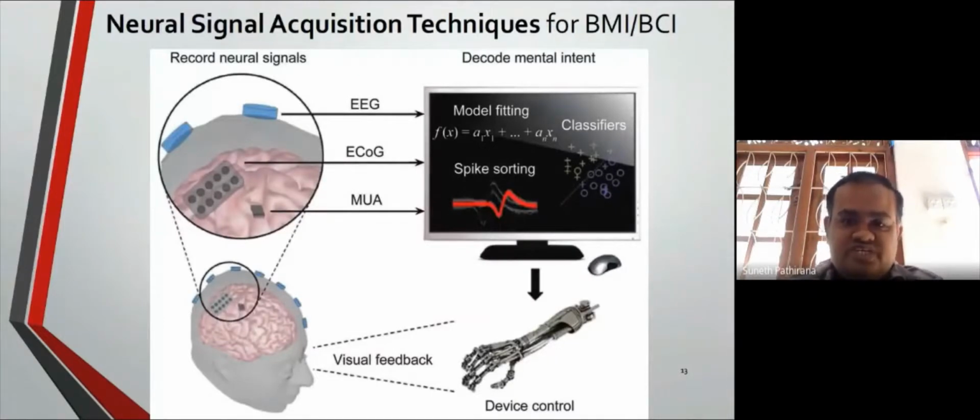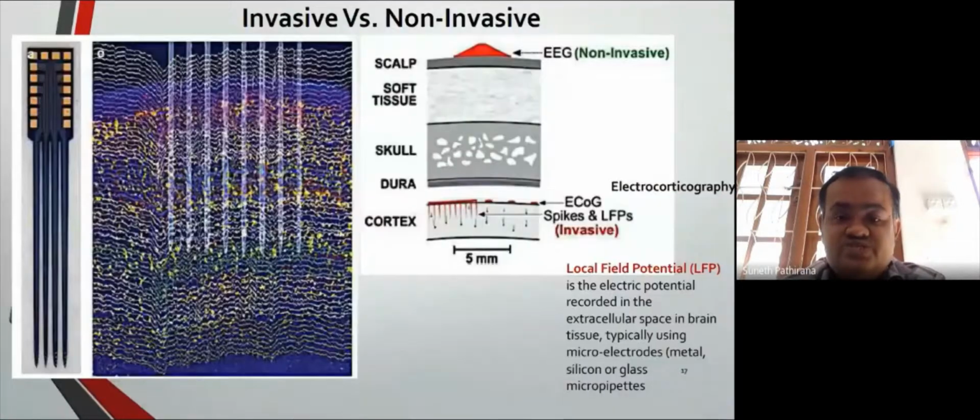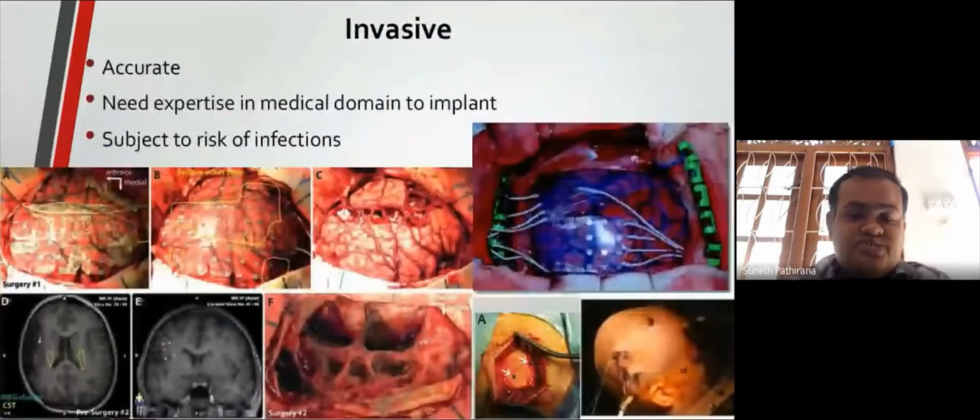So these are the major techniques used in signal acquisition. We have two approaches, called invasive and non-invasive. In invasive, we surgically insert some sensors.